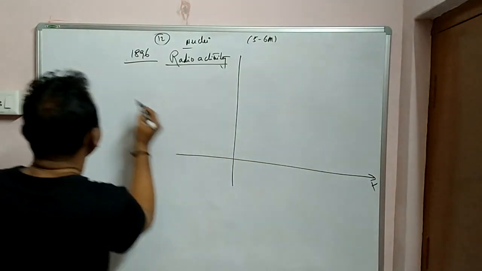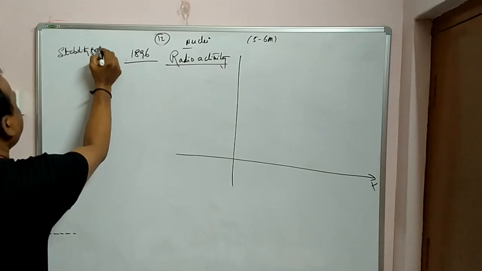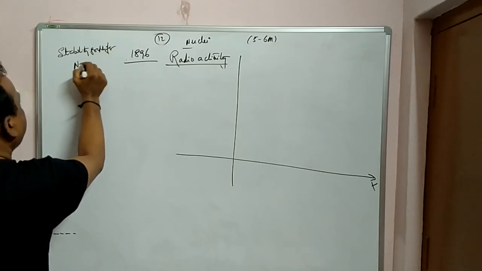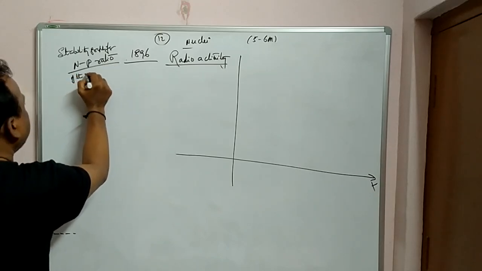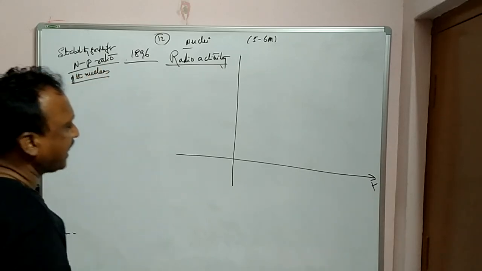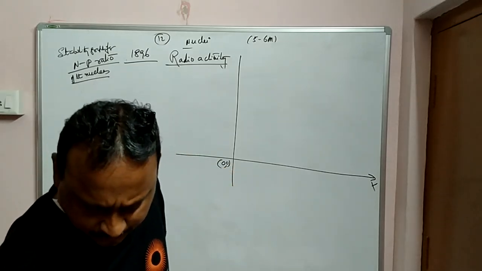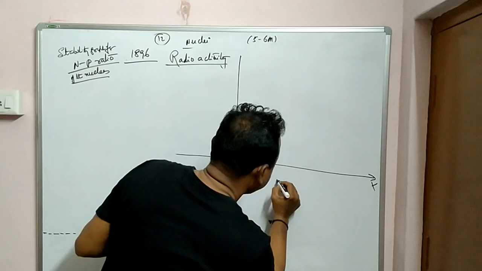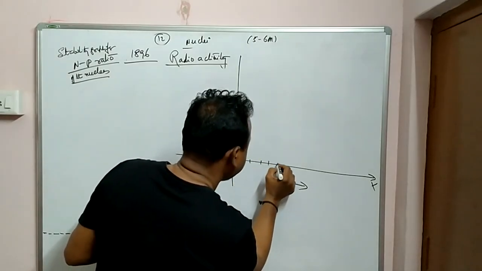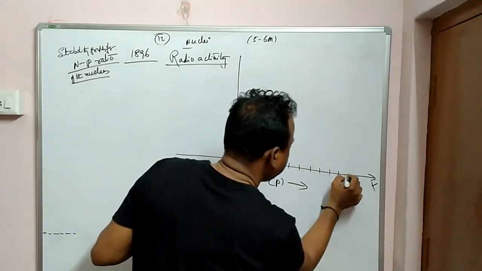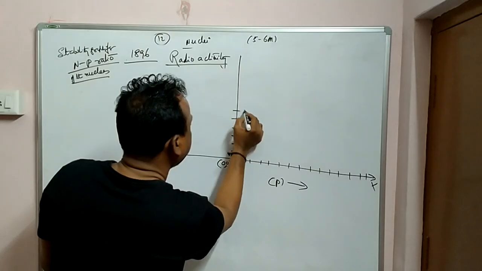This graph is called the stability graph for the neutron-proton ratio of the nucleus. I'll explain it very clearly. I'll take the number of protons on the x-axis, and neutrons on the y-axis.